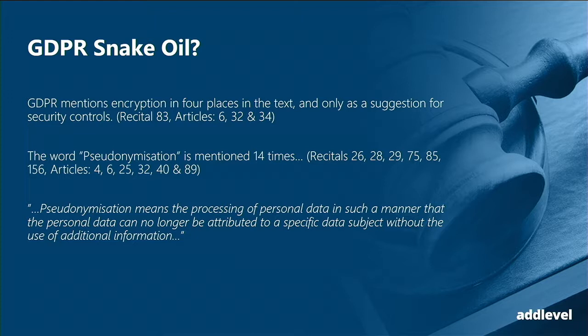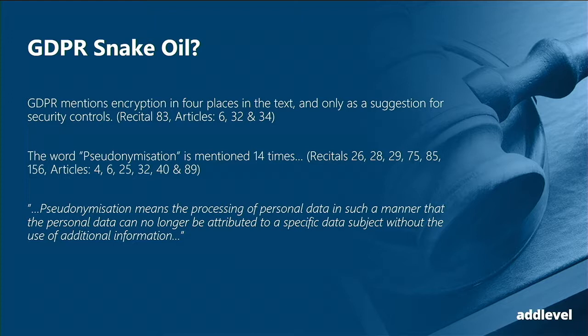Pseudonymization is mentioned 14 times in the regulation, so maybe that's even more important than encryption. So don't believe anyone who says that encryption is the way to handle the GDPR. It's important, but it's not the silver bullet. It's just snake oil.